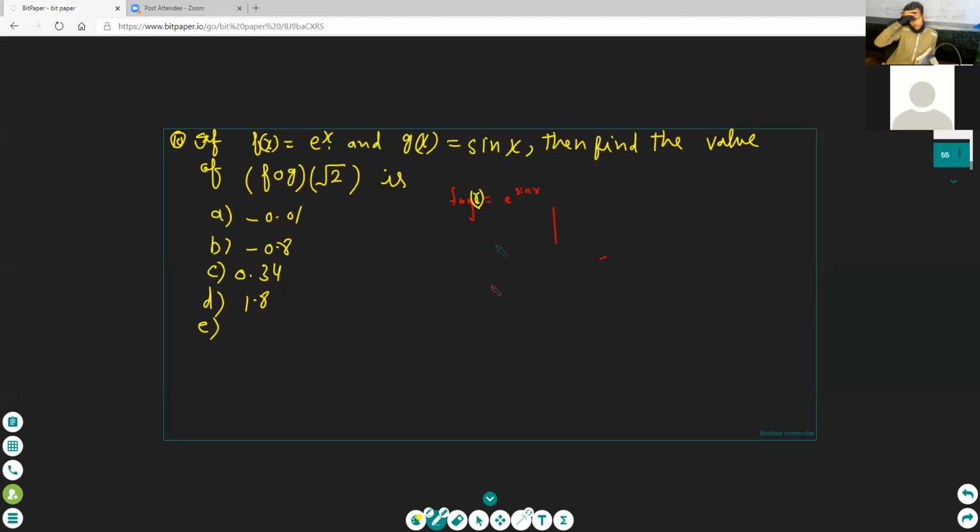Now we are going to replace x with the square root of 2. Then write right here, show all steps, f of g of square root of x. Okay, good. Solve it. You can use the calculator, okay?